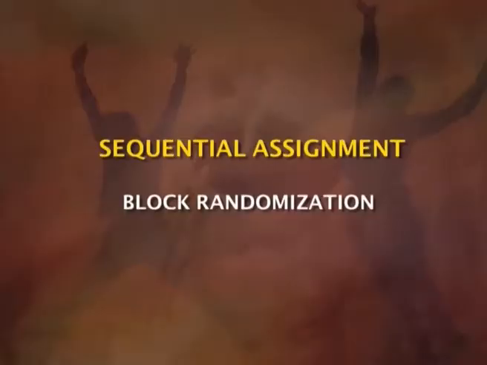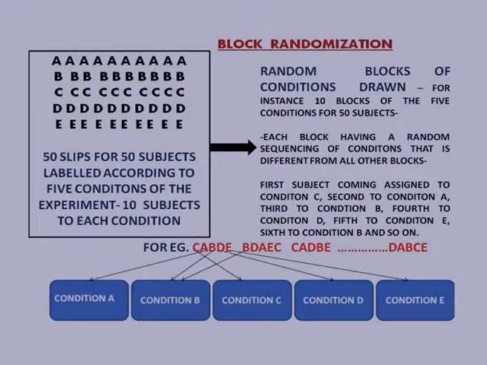A second form of sequential random assignment would be block randomization. Here, since the experimenter knows that there are 5 conditions of the experiment, he will create blocks containing these 5 conditions but in different sequences.